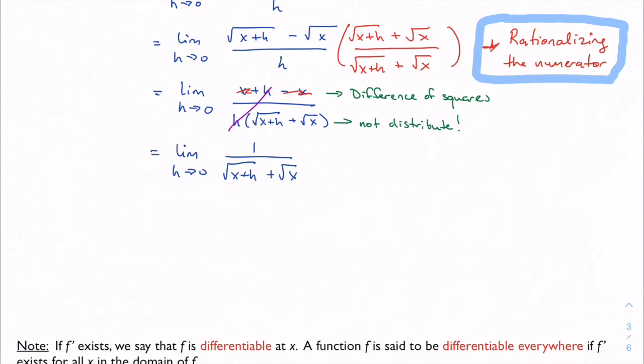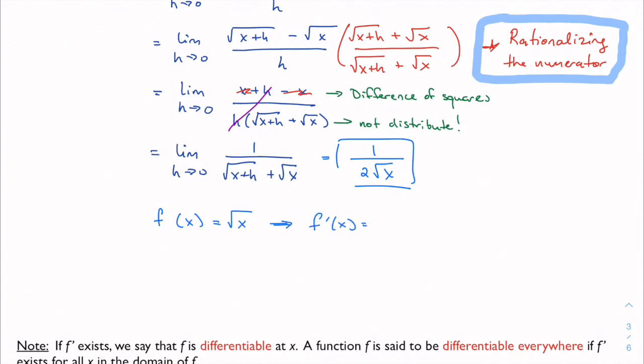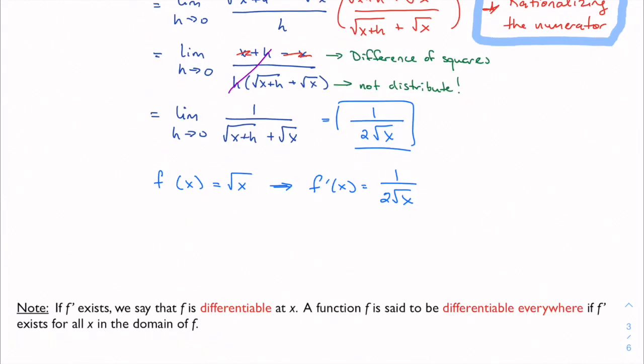So this is simplified as far as I can make it, so I'm going to go ahead and plug in 0 for h. I get 1 over 2 times the square root of x. So here we've established that if f of x is the square root of x, then the derivative of that function is 1 over 2 times the square root of x.